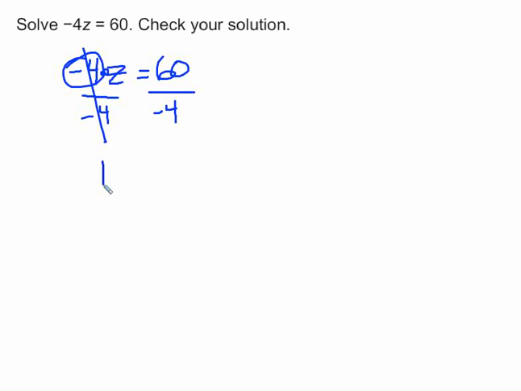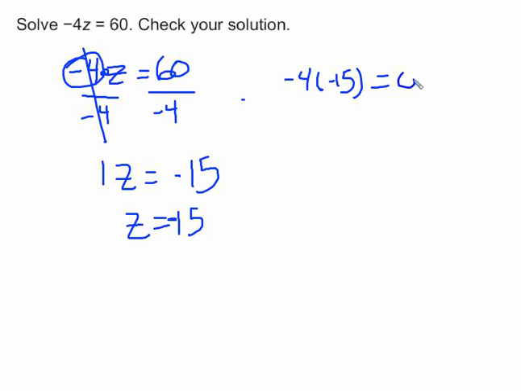I get positive 1z is equal to, be careful your sign rules, negative 15. Again, I could just write my answer as z equals negative 15. Again, to check my answer, negative 4 times negative 15, does that equal 60? Indeed it does, so that checks out.